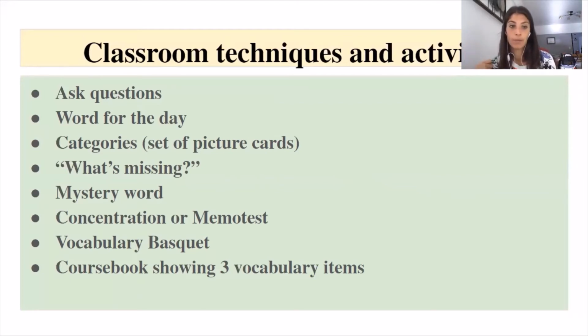Concentration or memo test. It can be with pictures or words, but there are 2 sets of cards. One set is face down, pictures or words, and the other set of cards has the definitions of the words or sentences that contain the word.